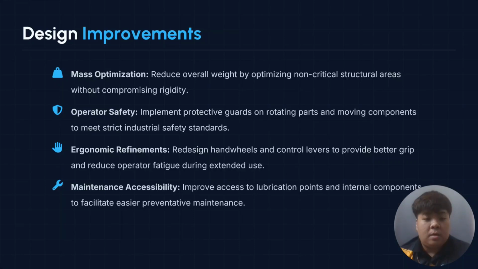The third is ergonomic refinements: redesign the handwheel and control lever to provide better grip and reduce operator fatigue during extended use. And last is maintenance accessibility: improve access to lubrication points and internal components to facilitate easier preventive maintenance.